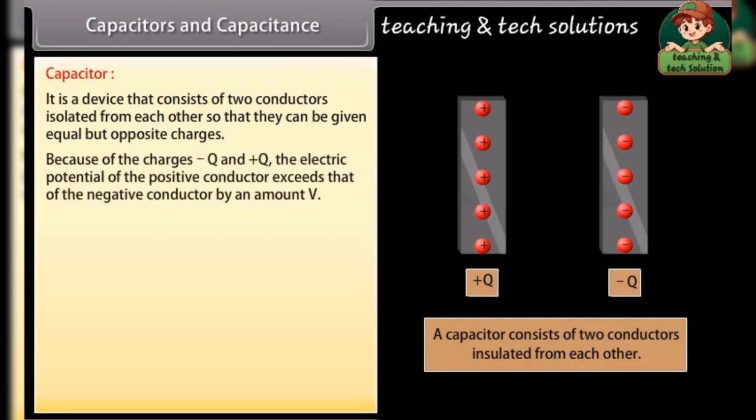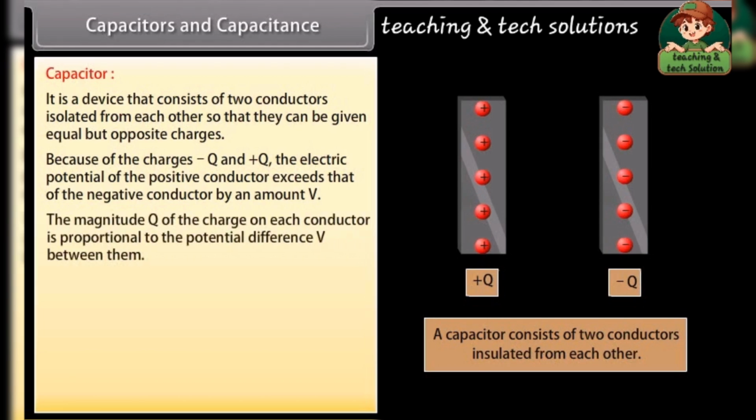Because of the charges minus Q and plus Q, the electric potential of the positive conductor exceeds that of the negative conductor by an amount V. The magnitude Q of the charge on each conductor is proportional to the potential difference V between them. Q is directly proportional to V, or Q is equal to CV.